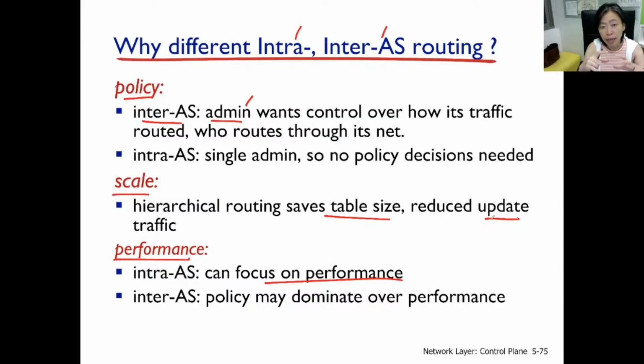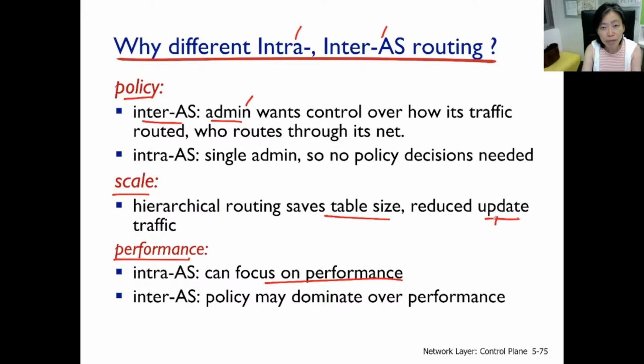You see, intra-AS running link state, the amount of global information is much lower, because you're only keeping the information of the local area network. The amount of link state reports you need to send is also lower because the number of routers in the AS is lower. Similarly, in the backbone, the number of border routers is lower, therefore the amount of updates we need to send is lower.